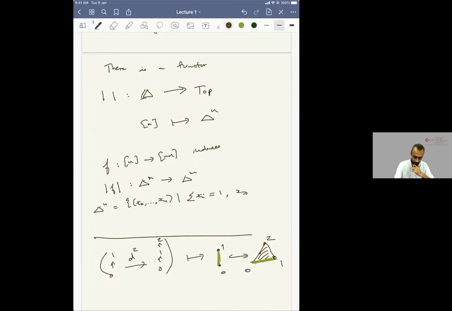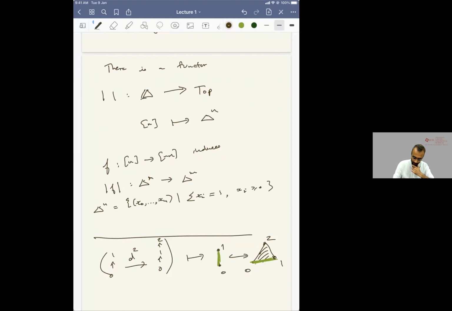Sorry, what was your question? I was trying to define this map, so maybe I messed it up. Hang on a second. I want to map n to m. Sorry. I think it should be this.